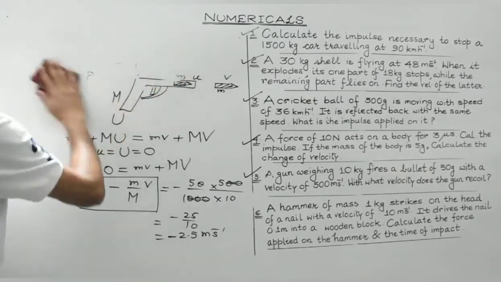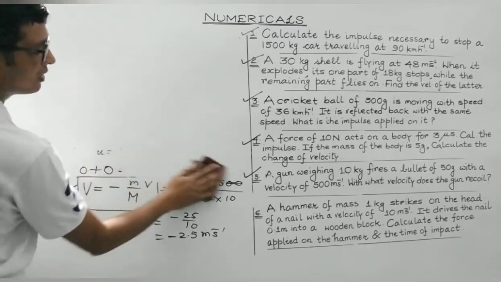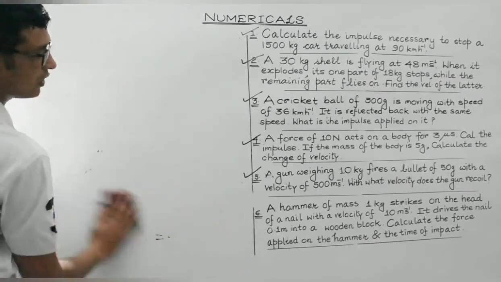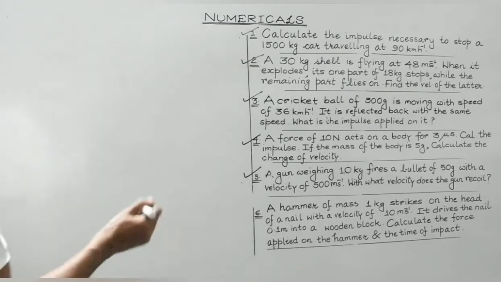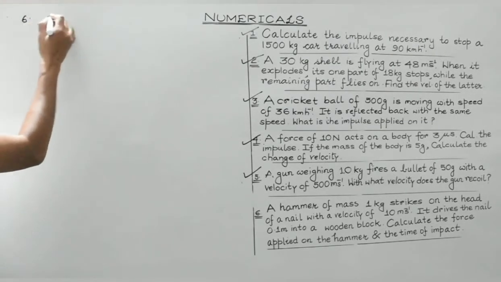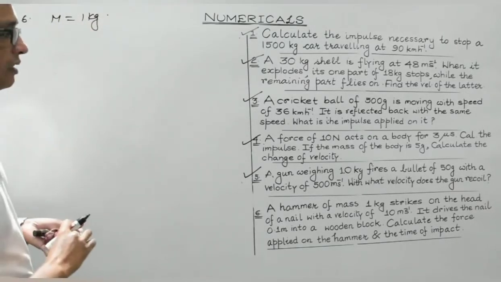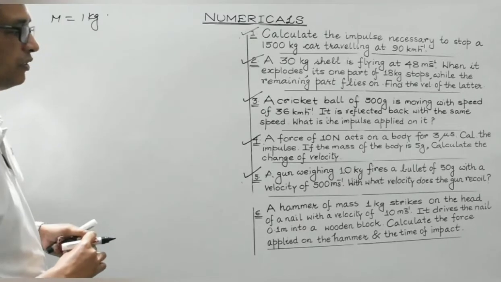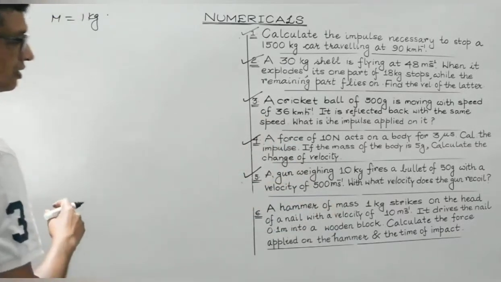It's again the concept of impulse. A hammer of mass 1 kg strikes on the head of a nail with a velocity of 10 meter per second. Okay, the mass of the hammer is 1 kg and it strikes on the head of a nail with a velocity of 10 meter per second. So the entire velocity will get imparted to the nail, isn't it?